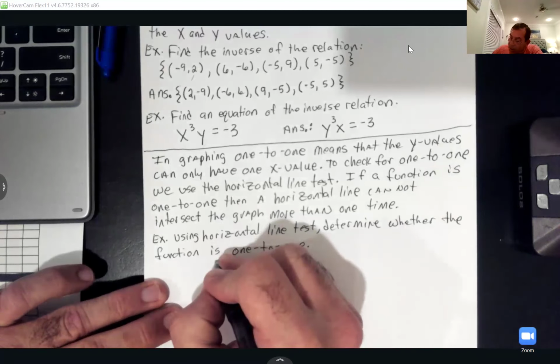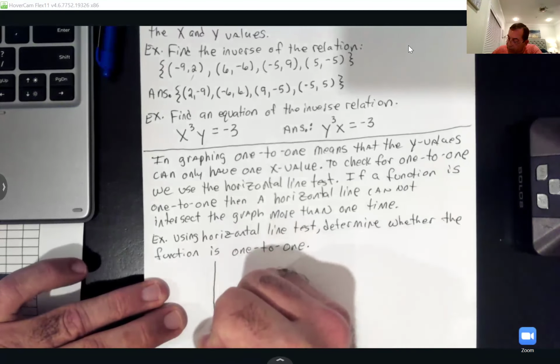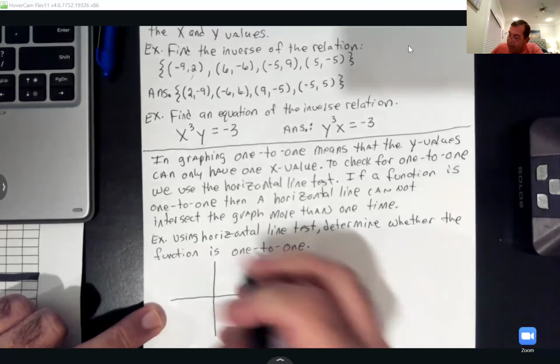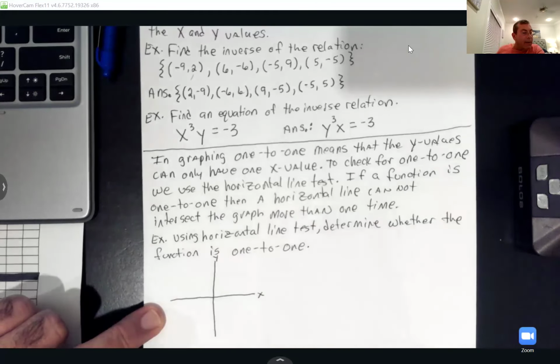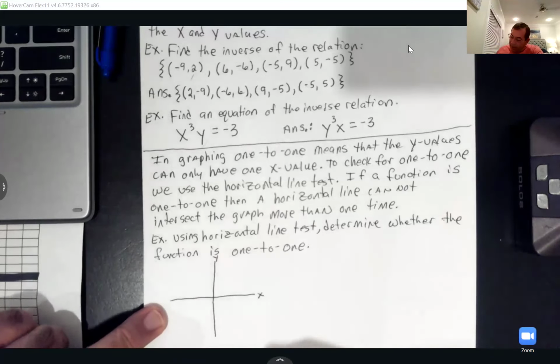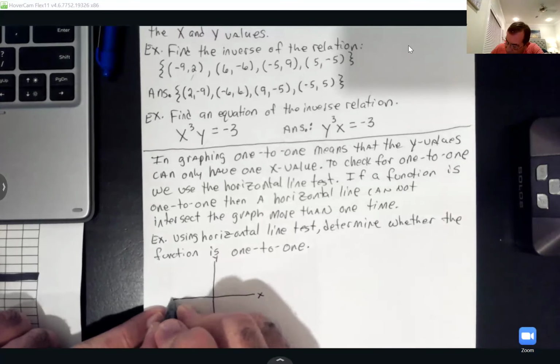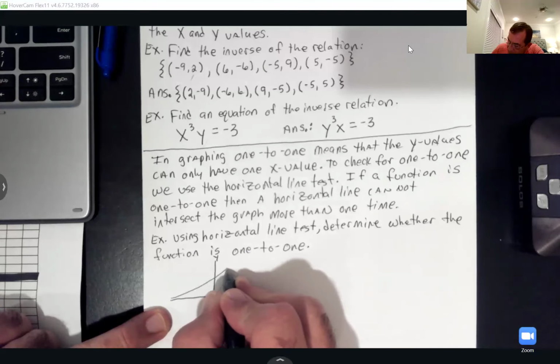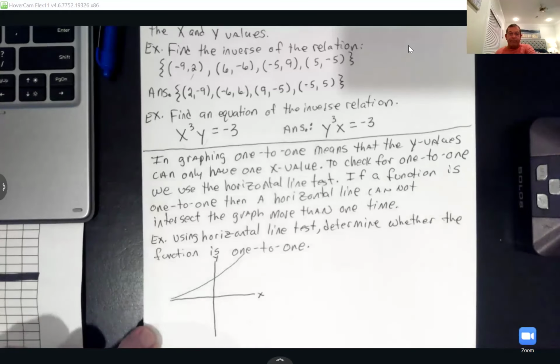So let me draw this first one. So here's my X and my Y axis. And let's see, this one sort of starts and it just sort of goes uphill slowly left to right.